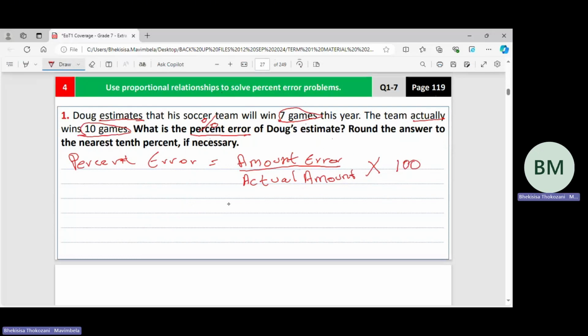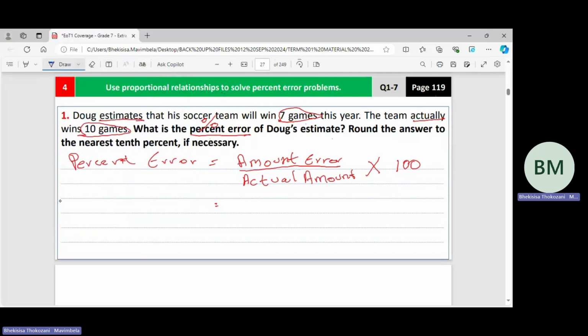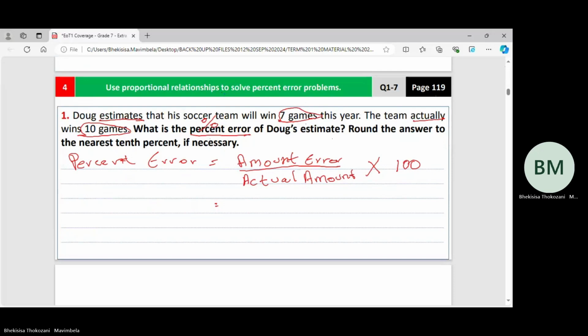Okay, so first, now let's try to write down the variables or put down the data that we have. So we know how much was estimated. So we want to find the percent error.